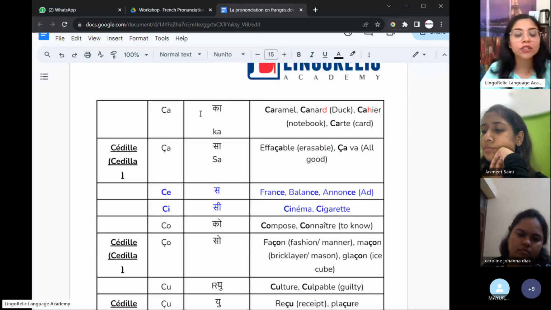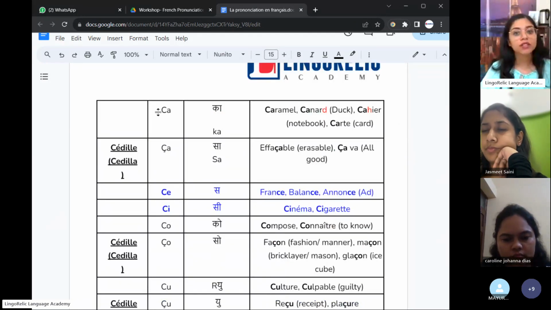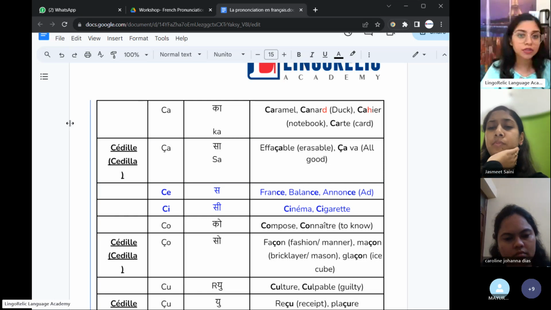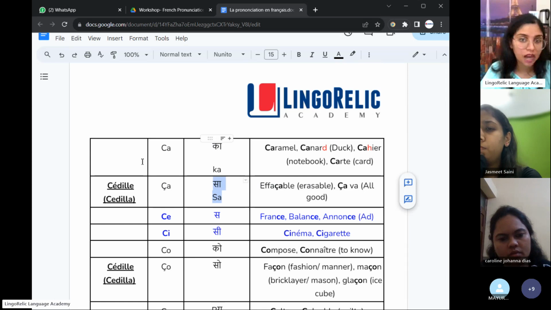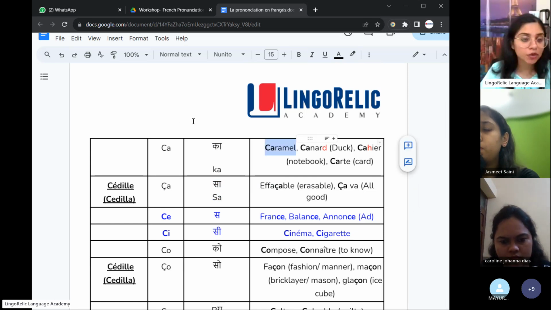Now coming to where you have to pronounce it as K and where as S is very important to understand, because this causes confusion for many. See, in this "ca" there's no accent here, so you will pronounce it as "ka". Whereas when you put this accent below it, it becomes "sa". Ka and sa. Comment prononcer ce mot? Prononcez ça, s'il vous plaît.